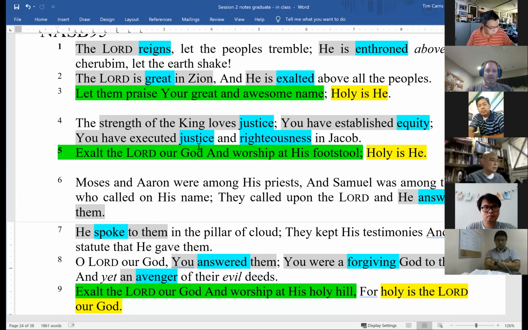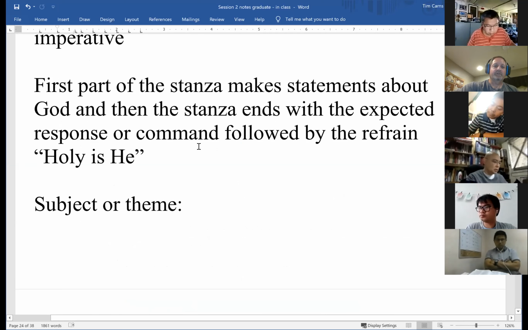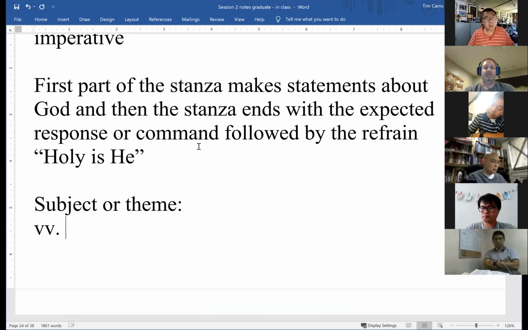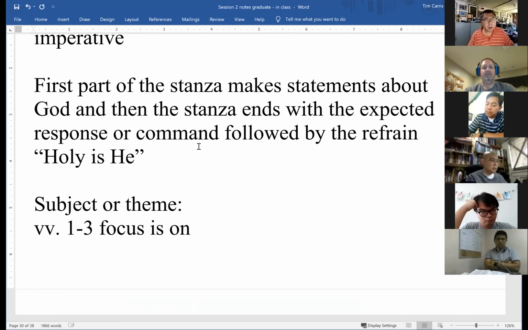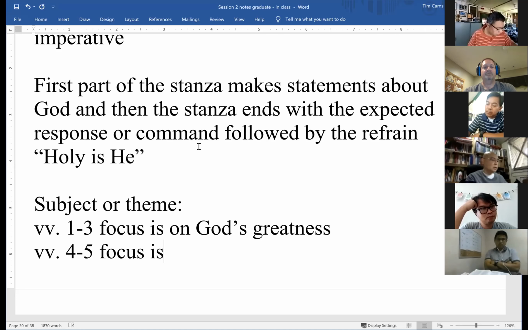Grace. So I think even at this point, we can see a distinct difference in the theme or focus of these and they follow the stanzas. So the focus in this one is on, let's just say, God's greatness. In verses 4 and 5, the focus is on God's mercy, or justice.